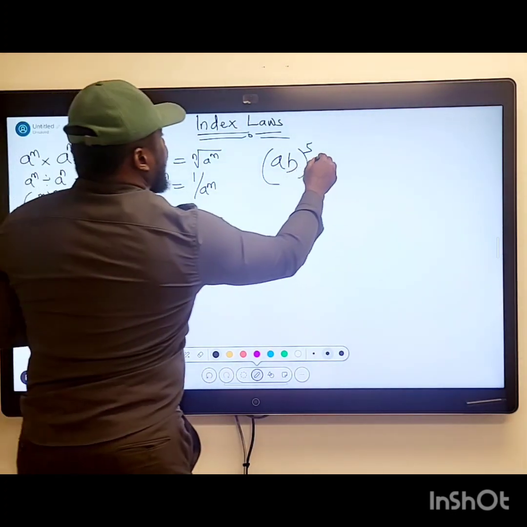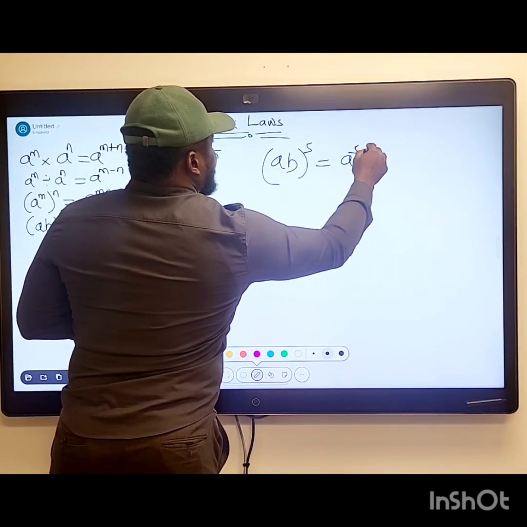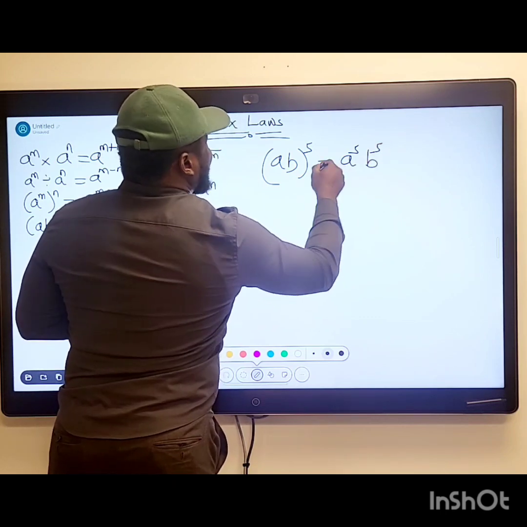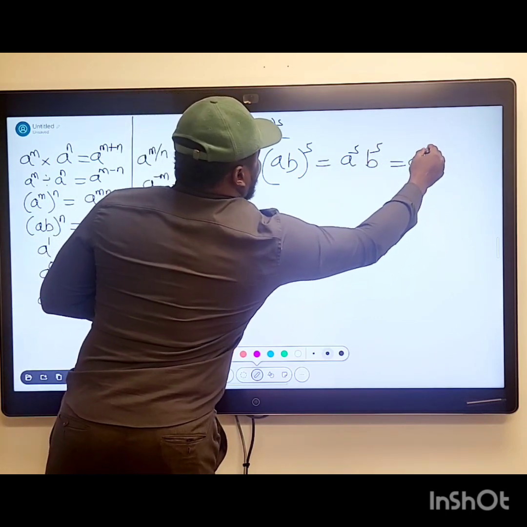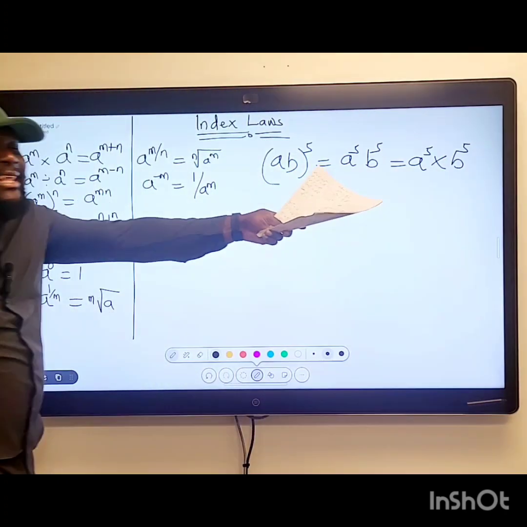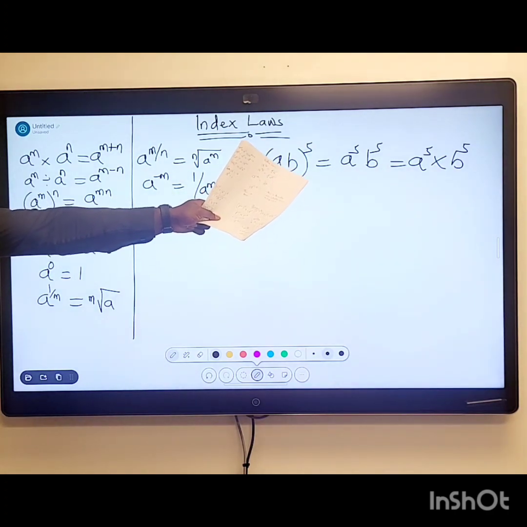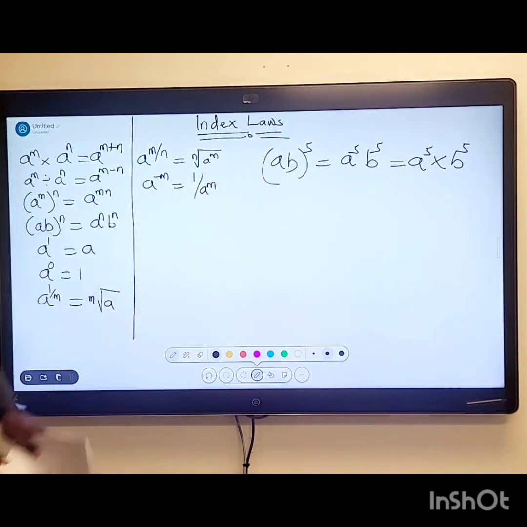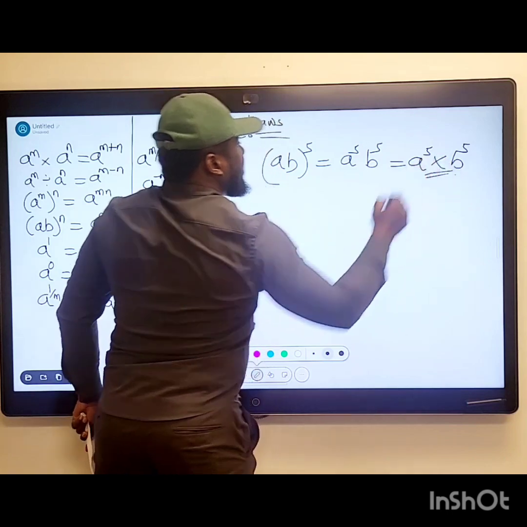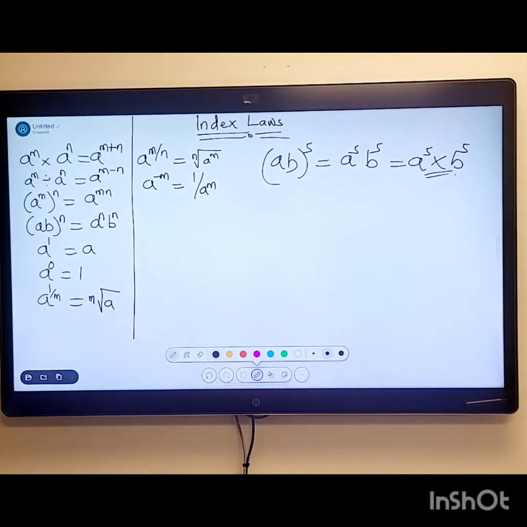So what we're going to have is A raised to the power 5, B raised to the power 5. Remember, this is also the same thing as A raised to the power 5 times B raised to the power 5. But you can't do anything more, you can't add the powers, because they're not having the same base. So this is going to be your answer for this kind of question.